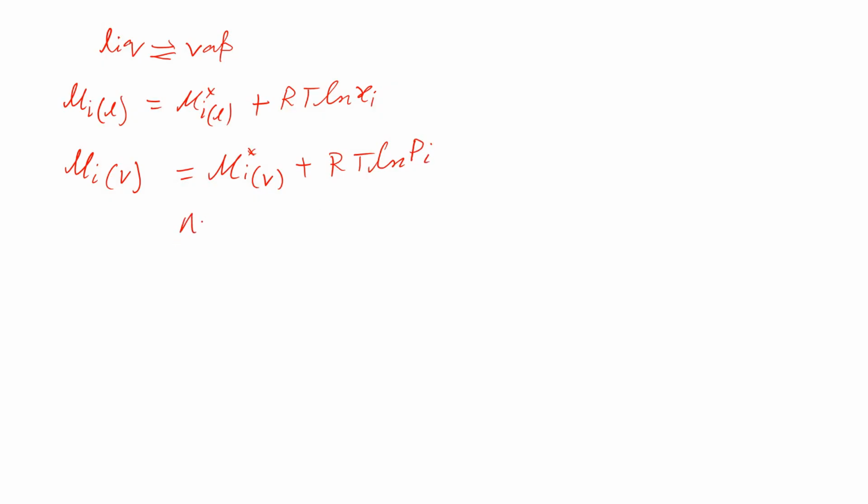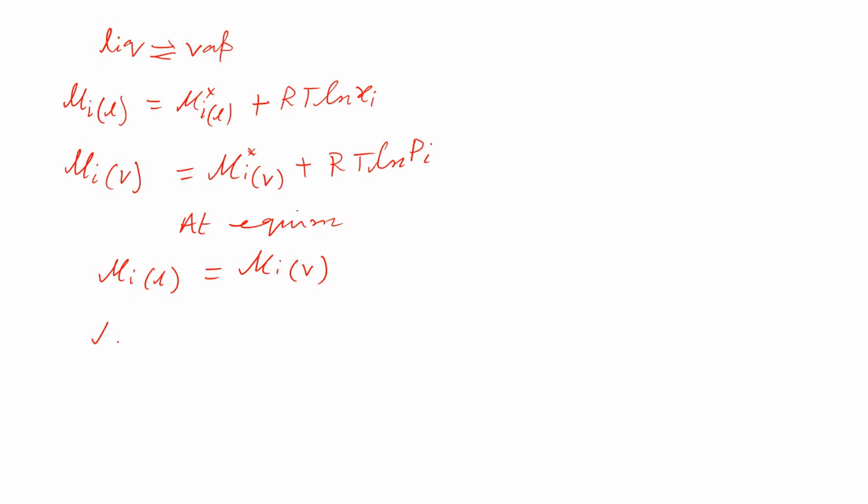Now when the liquid and vapor are in equilibrium, we know that mu I of the liquid phase must be equal to mu I of the vapor phase. That is the condition for phase equilibrium: the chemical potential of the component in all the phases should be the same. So what can I write?